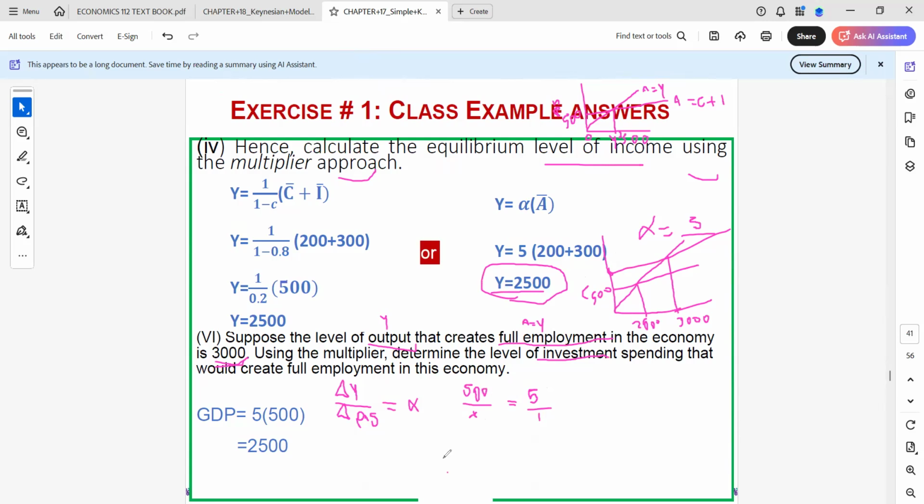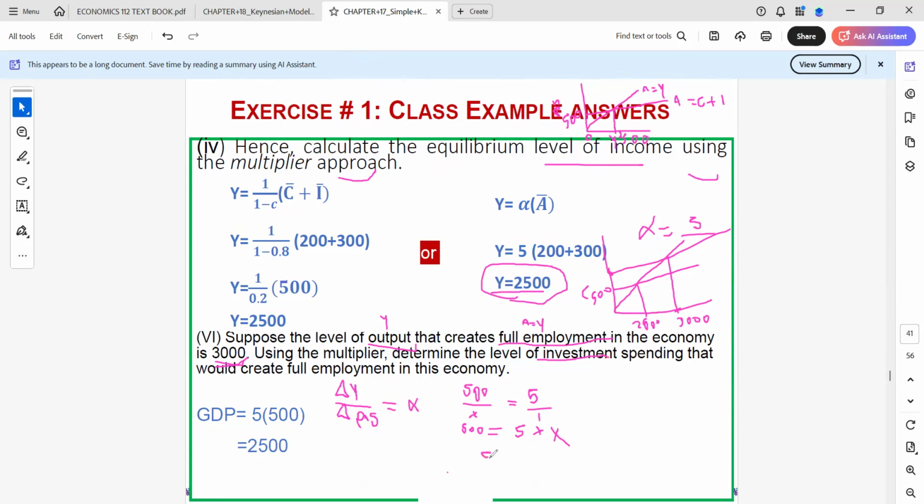So if you say 500 divided by 1 times 1, it's going to be 500. And then equals, if you say x multiplied by 5, it's going to be 5x.